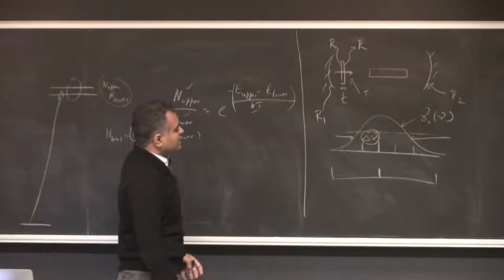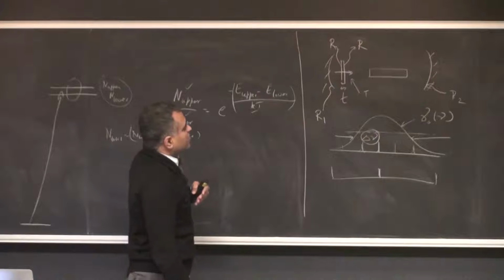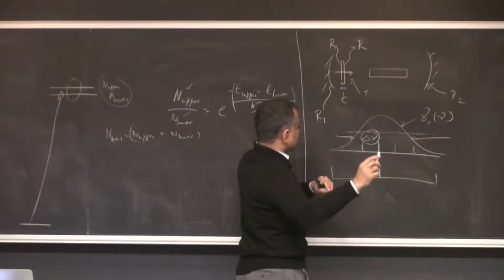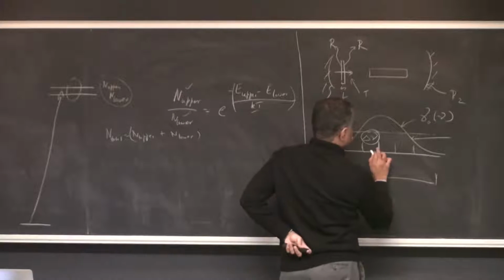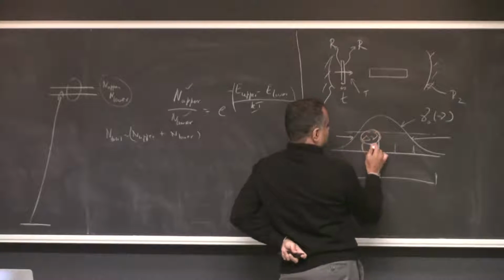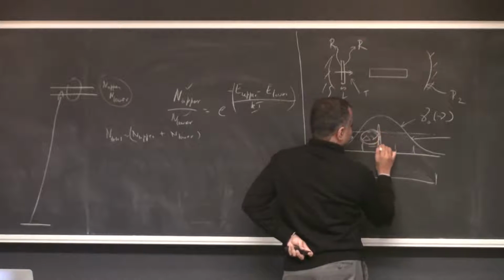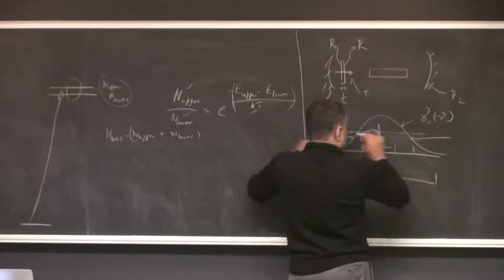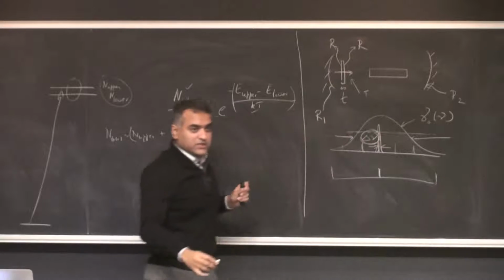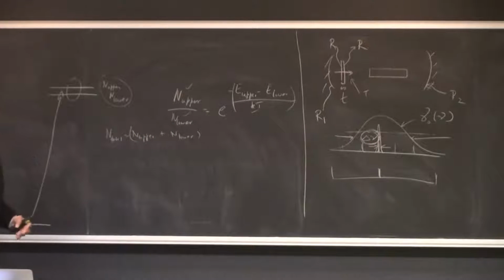There were a couple of questions about what this bandwidth is that's given. Is it this line width, or is it the line width of the whole inhomogeneously broadened spectrum? That was the question that was asked, and I want to clarify it.